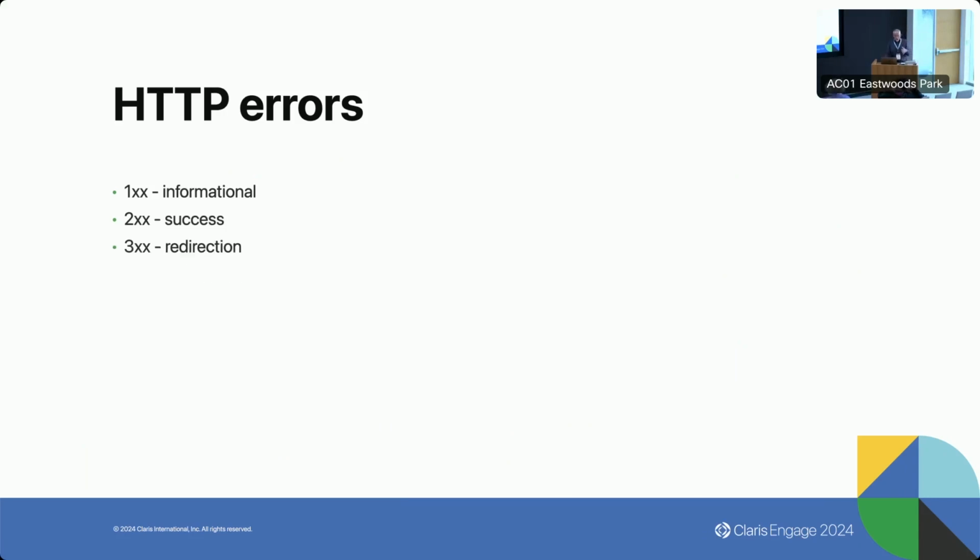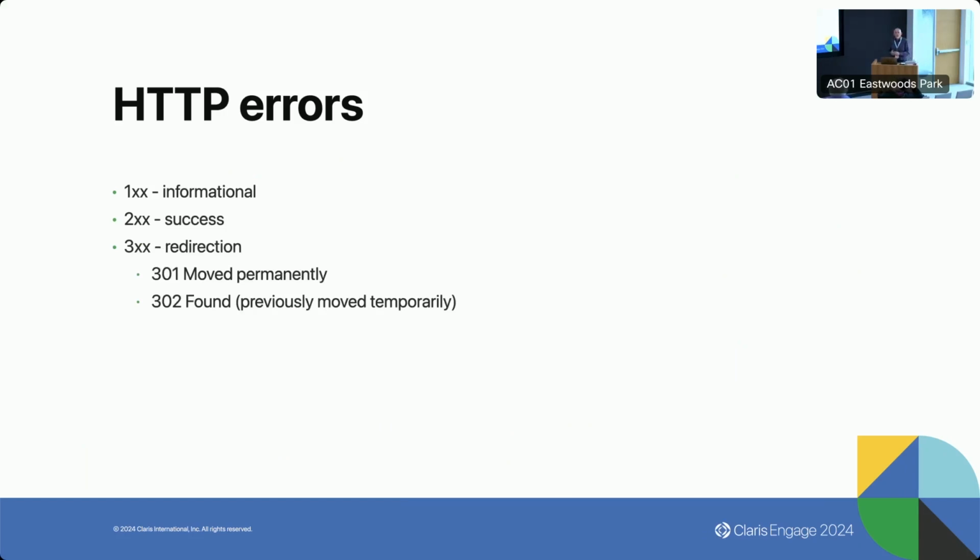The 300 ones are all about redirection. 301 means that it's moved permanently. That means that the URL you're calling no longer exists, and returned with that will be the new location. 302 used to be called moved temporarily, but is now just renamed as found.